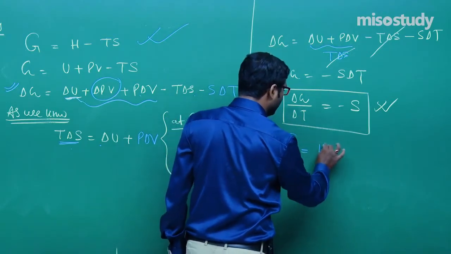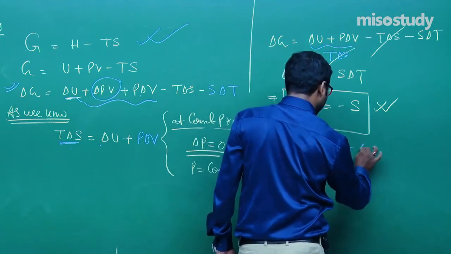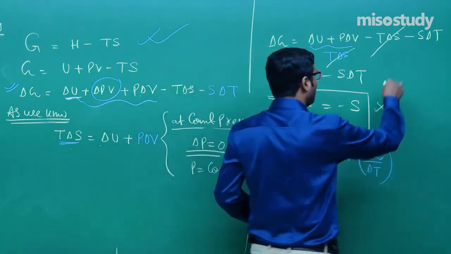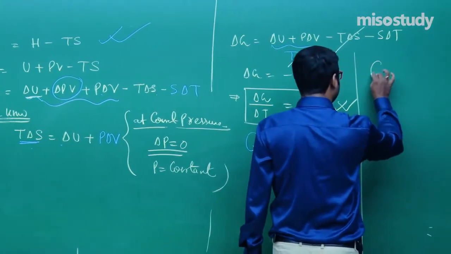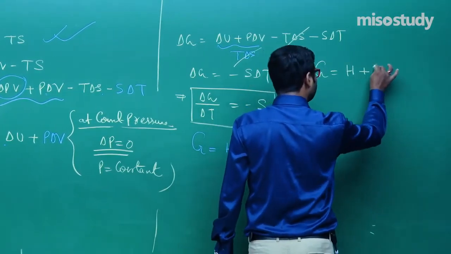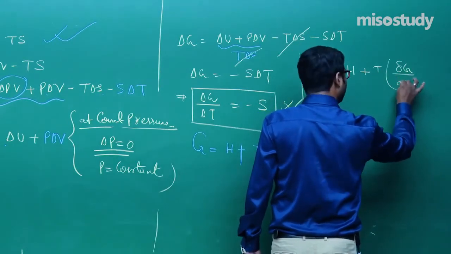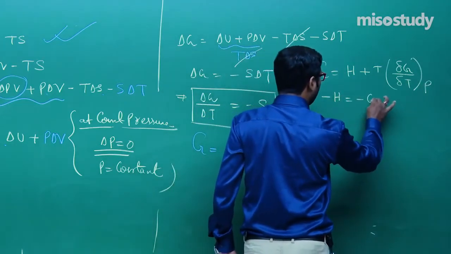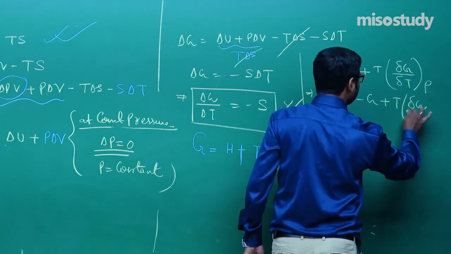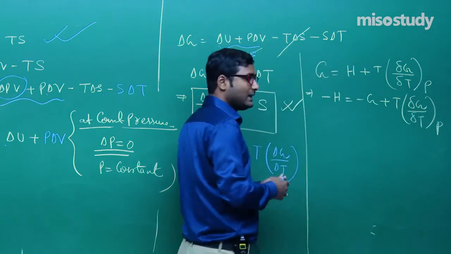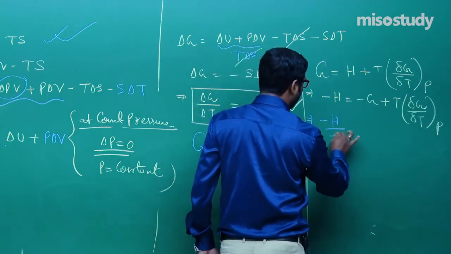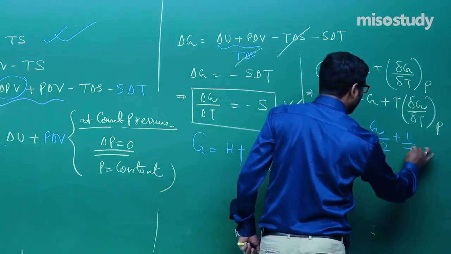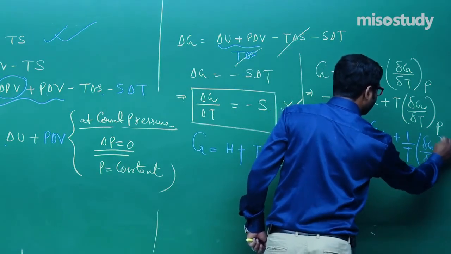G is equal to H minus T delta S, where delta S is delta G upon delta T. Now it can be written like this: G is equal to H plus T delta G upon delta T at constant pressure, or minus H is equal to minus G plus T delta G upon delta T at P. Now divide by T square: minus H upon T square is equal to minus G upon T square plus 1 upon T delta G upon delta T at P.